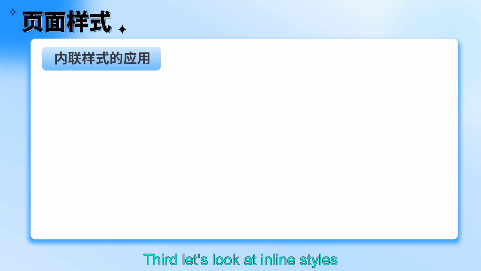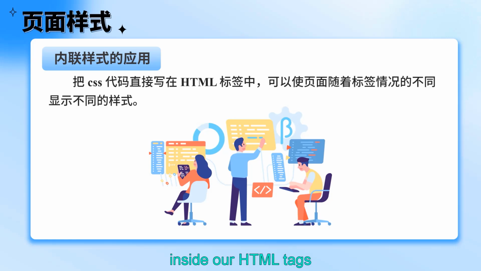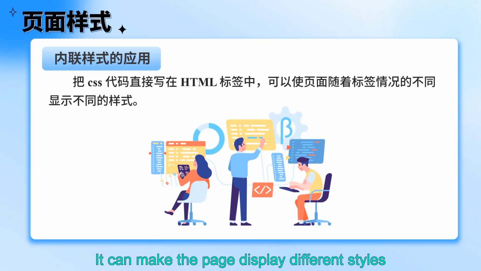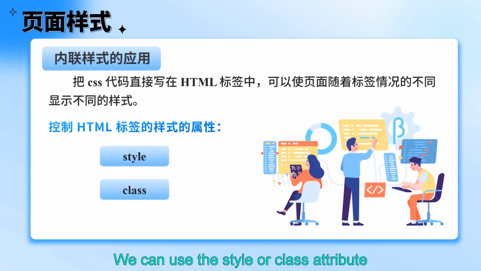Third, let's look at inline styles. Inline styles are directly written CSS code inside our HTML tags. It can make the page display different styles, depending on different tag situations. We can use the style or class attribute to control the style of HTML tags.